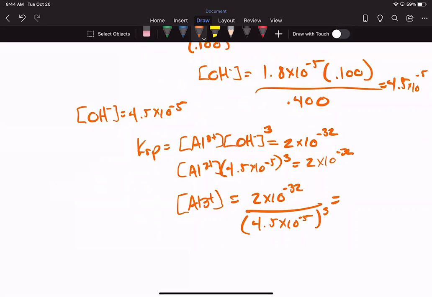All right, there's some practice for you guys. Let's see, 2 times 10 to the minus 32 divided by 4.5 times 10 to the minus 5 to the third. Check my math: 2.2 times 10 to the minus 19. Is that right?